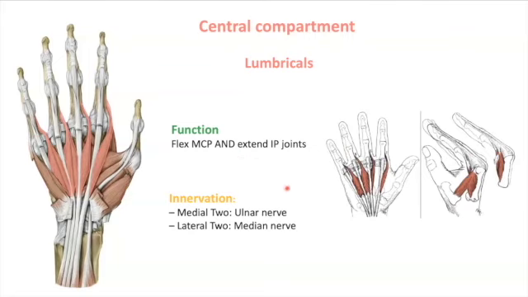And like the flexor digitorum profundus muscle, the lateral two, the ones that act on index and middle finger, are innervated by median nerve. The medial two, the ones that act on ring finger and little finger, are innervated by ulnar nerve. So like profundus, these lumbricals are innervated by both median and ulnar nerve.